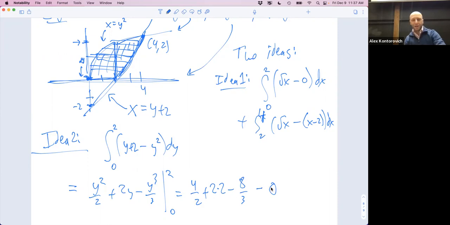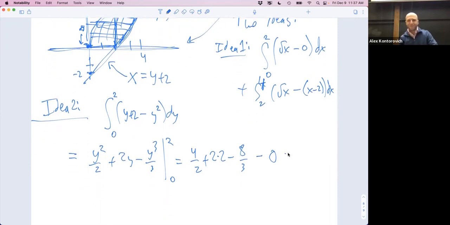Okay, so this is whatever it is. Can we figure out what this is? 4 plus 2 more is 6. 6 over 3 is 20 minus 8. What is it? 16/3? Did I get that right? 16/3? 24. Yeah, I think that's right.